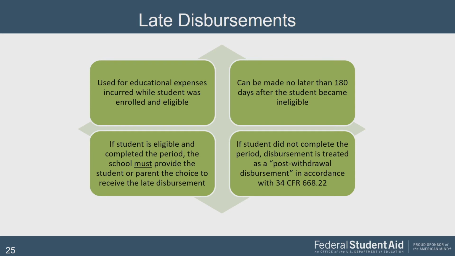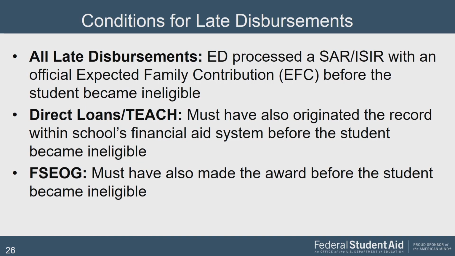If the student did not complete the period, a disbursement is treated as a post-withdrawal disbursement, and that falls into the R2T4 rules. Before you can process a late disbursement, you must check one more time to make sure you have an ISIR, you have a SAR, you have an official EFC on that ISIR or SAR.